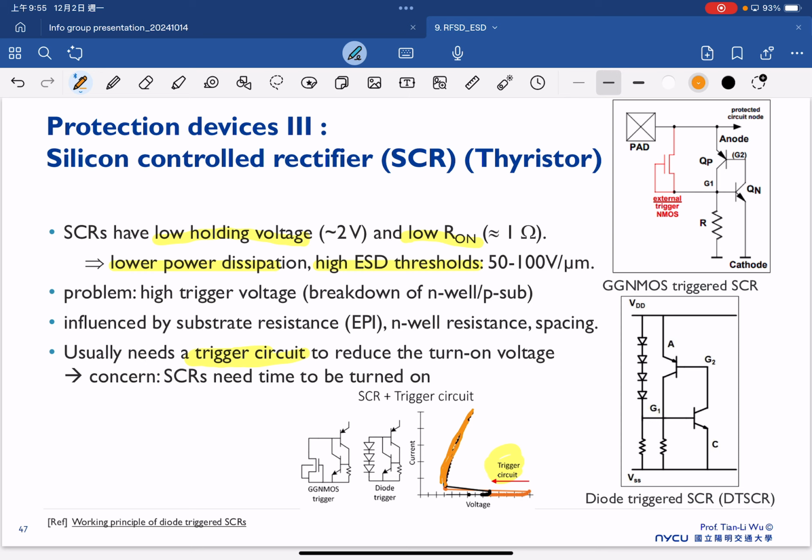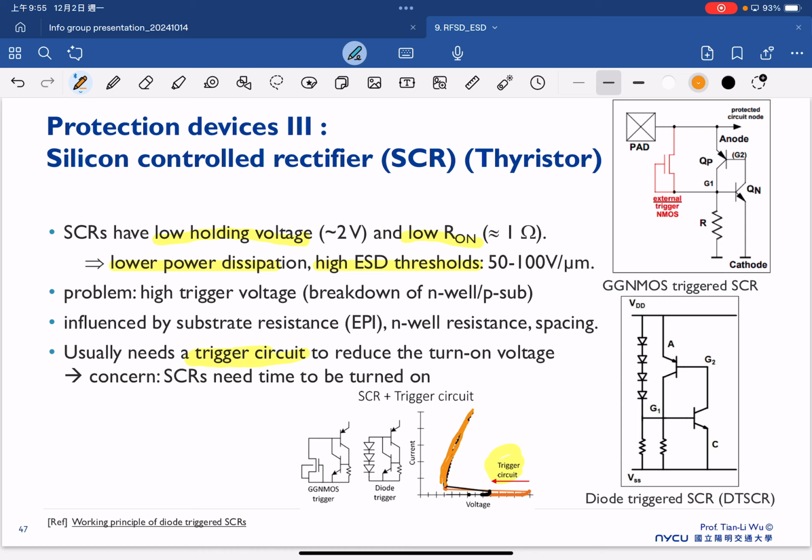So in our lecture related to ESD, we don't go into too much detail for each specific operation of the protection devices, because you can feel that each one actually involves a huge amount of knowledge of semiconductor device physics.